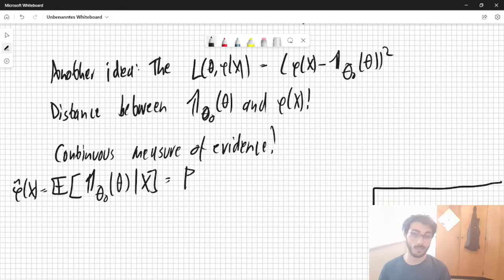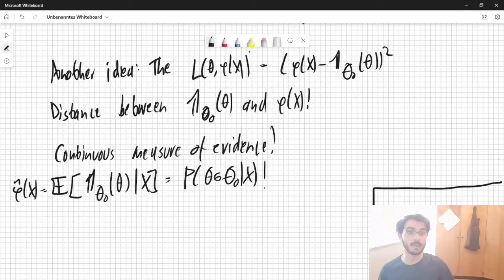But that's just the posterior probability. And that's another way to think of the posterior probability. It's an estimator that should indicate how far we should believe H0. So this is all of the ideas we need for Bayesian statistics.